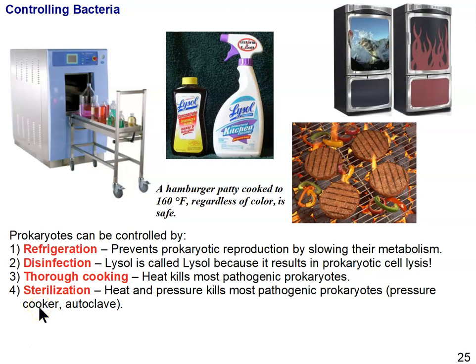You put the jars into a pressure cooker, and that pressure cooker is able to raise the temperature to much higher than the boiling point of water. And the contents in the jar are not going to boil because it's under pressure. So the pressure keeps the water from boiling, and that allows the temperature to go much higher and therefore kill anything that might be in those preserves or vegetables that you're canning.